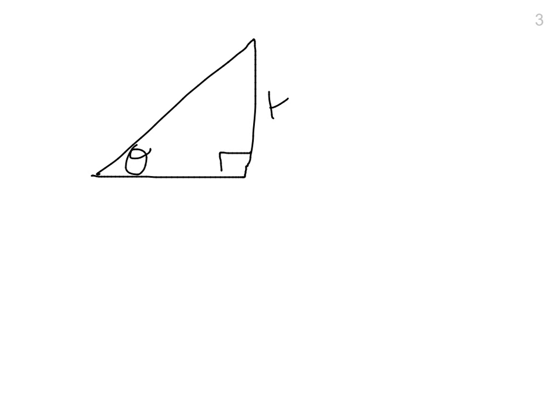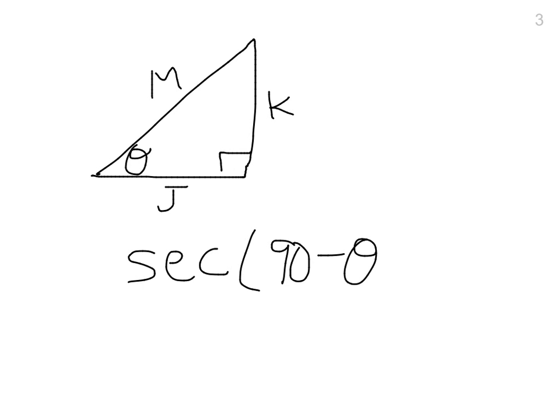What do we do for a situation where, let's say, they give us our triangle. There's theta. And then let's pick some different letters: K, J, M. And now let's say, how do I find the secant of 90 minus theta degrees?